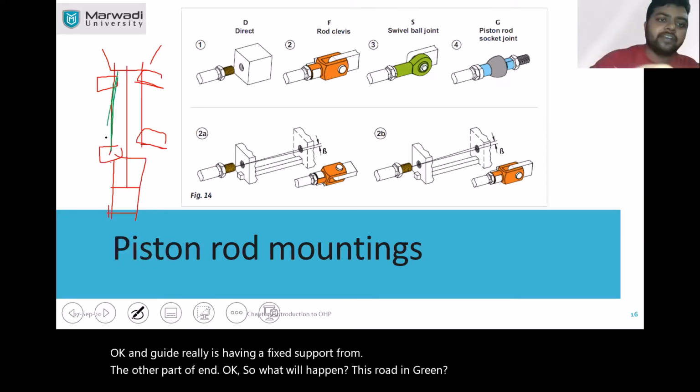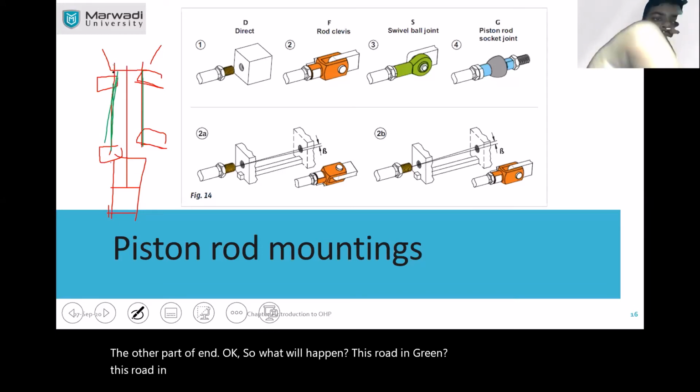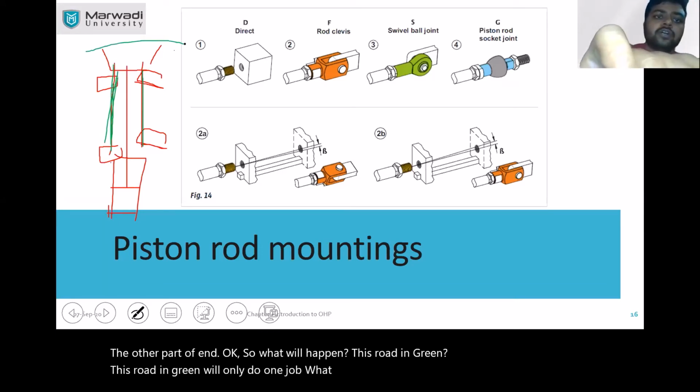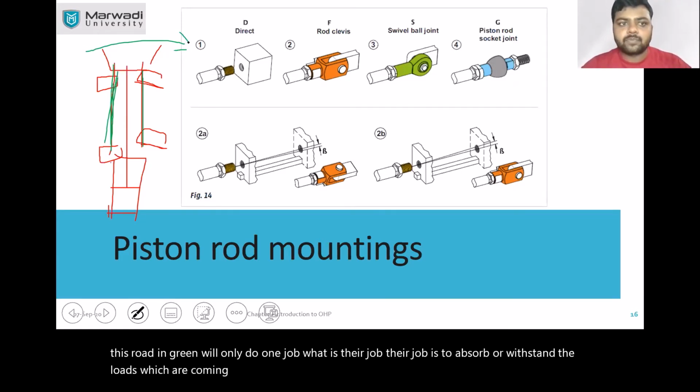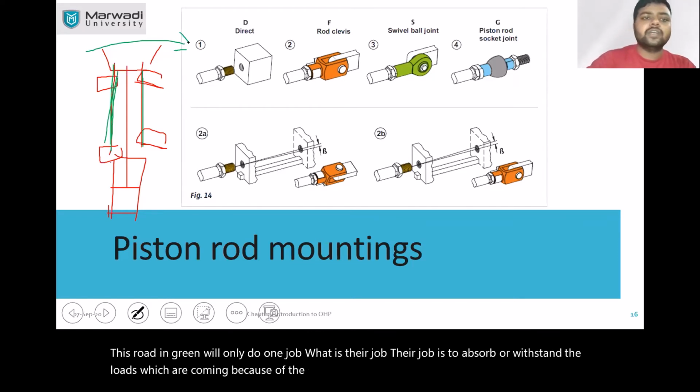This rod in green does only one job: to absorb or withstand the loads which are coming because of the disturbances. This is known as your guide rail.